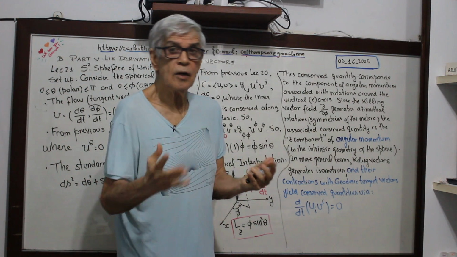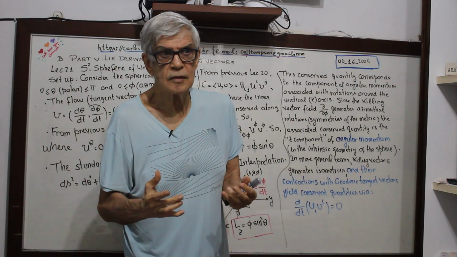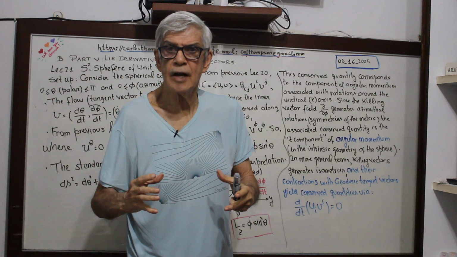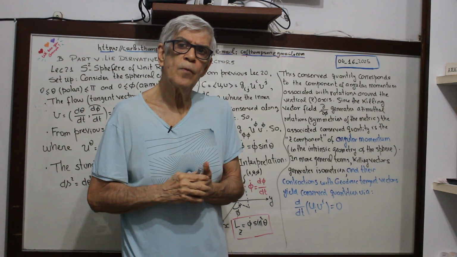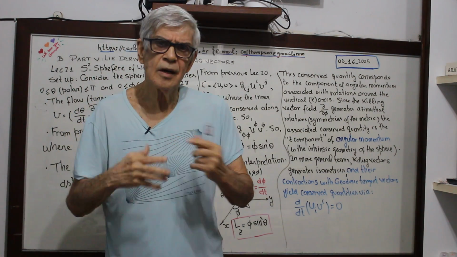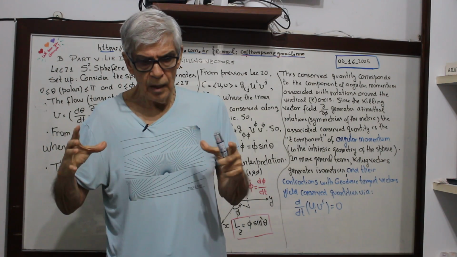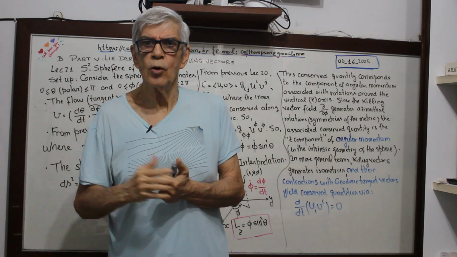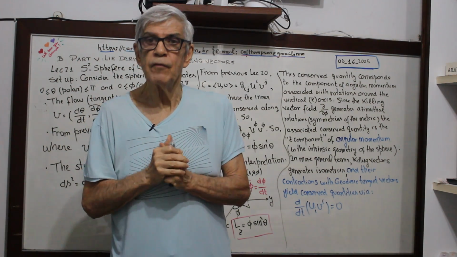But the Killing vector does not necessarily need the geodesic; they work independently. But if you join the Killing vector and the geodesic, then we obtain in this case a conserved quantity. That's good to emphasize.